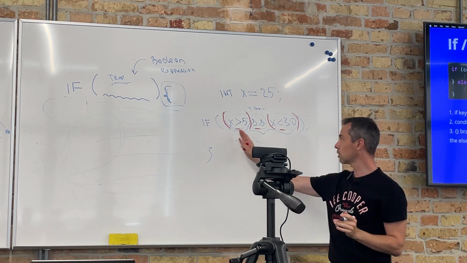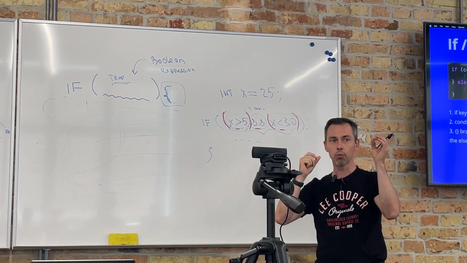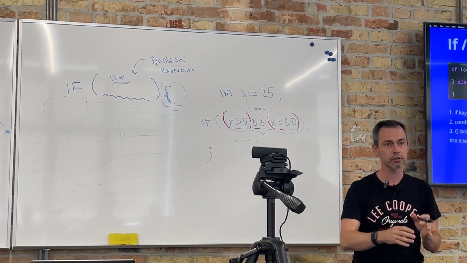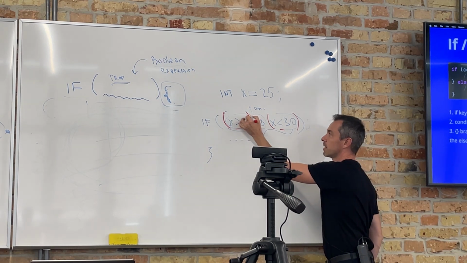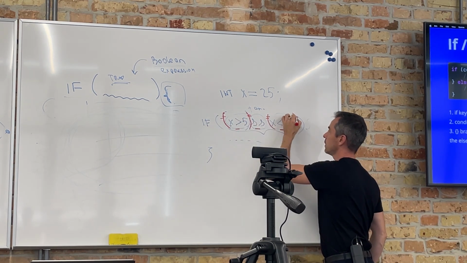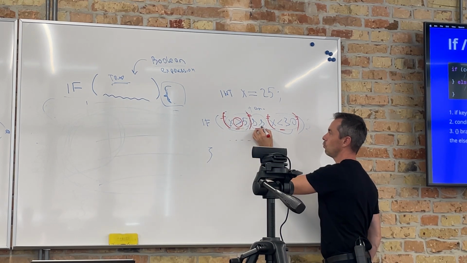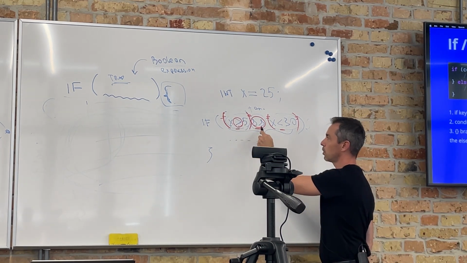Compiler will go through all the symbols and will decide which priorities, in which order should compiler move. When we have these brackets, then we decide what should be executed earlier, this or that.